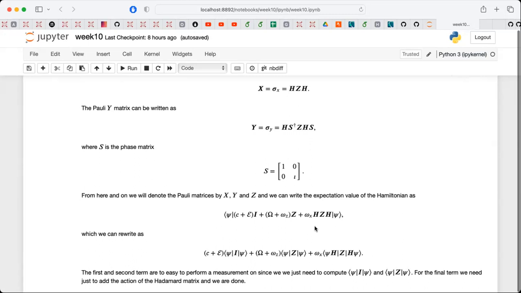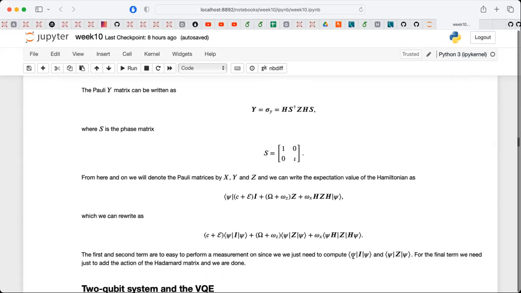So we need to set up the state psi here, but we're also going to have this state psi multiplied with a Hadamard matrix. That is an additional calculation which we need to do. And remember again that this state psi is a linear combination of the computational basis states 0 and 1.